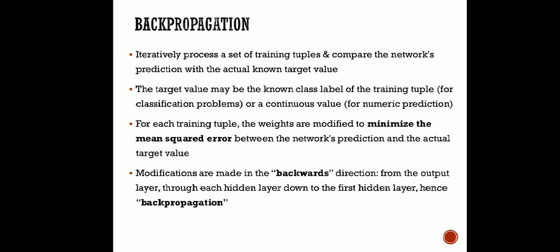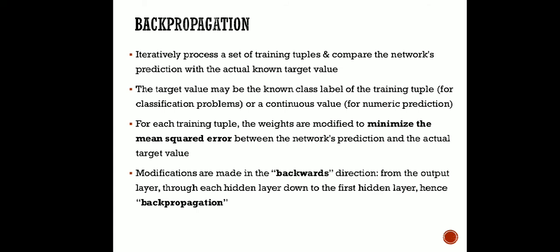So this is the backpropagation. Whenever we visit the example, you will see that some error will be generated, and we are going to adjust the weights of the edges in such a fashion that the error rate minimizes, so we are going to backtrack it, right?